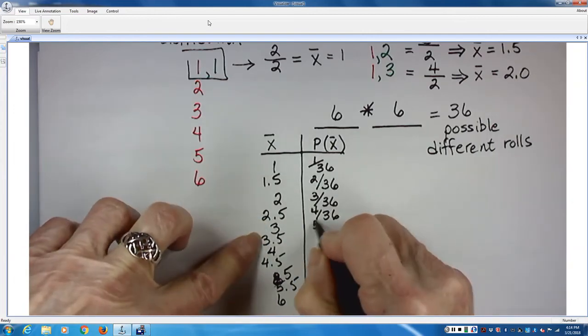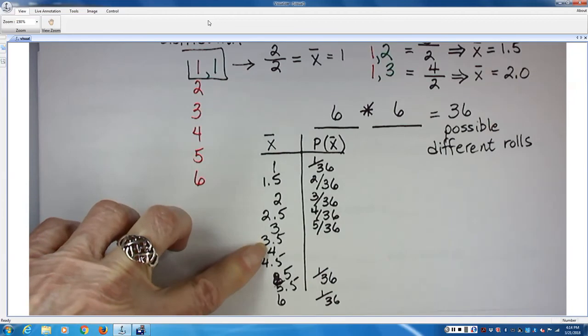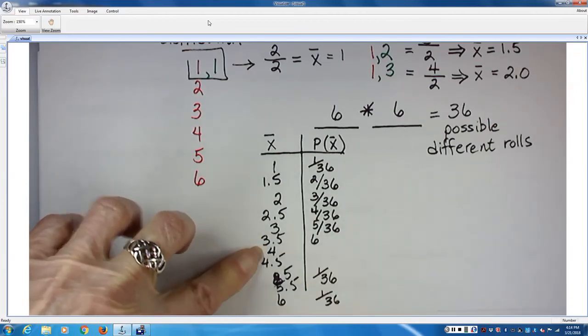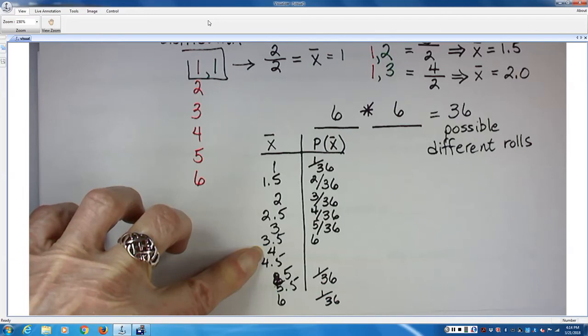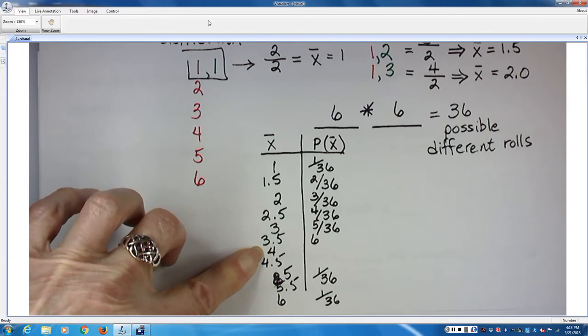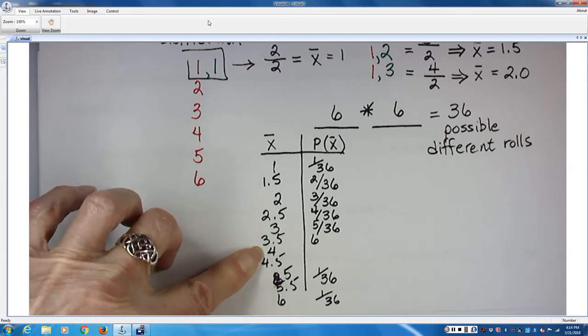There's 5 out of 36 ways to get a mean of 3. There are 6 ways to roll a 7. 7 divided by 2 is 3.5, so that means the sum was 7. You can get a 4 and a 3, a 3 and a 4, a 1 and a 6, a 6 and a 1, a 5 and a 2, or a 2 and a 5.